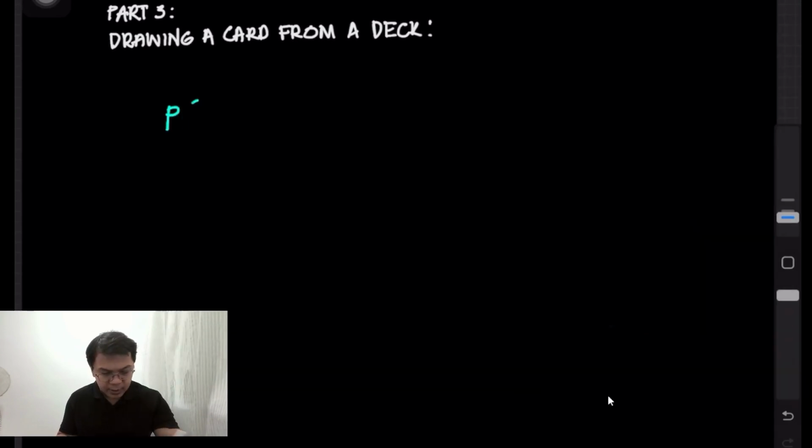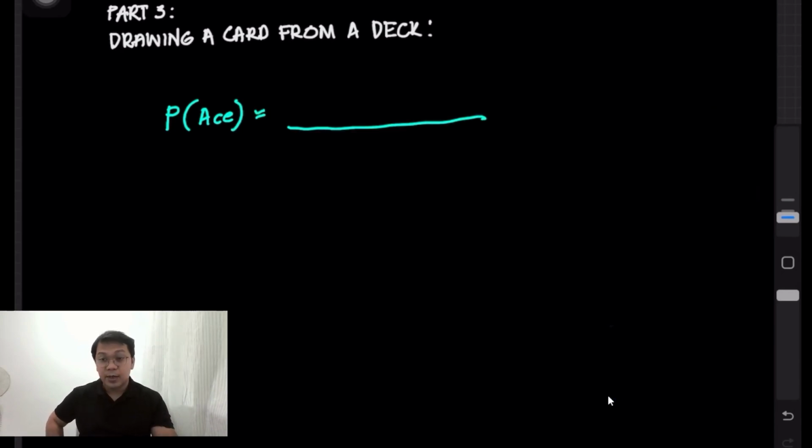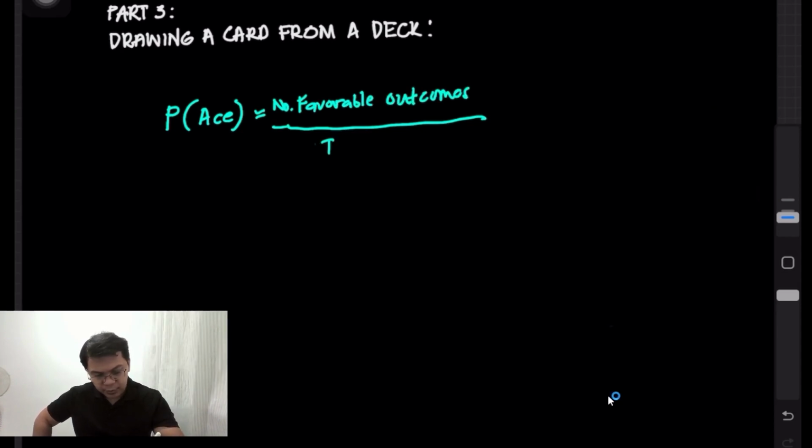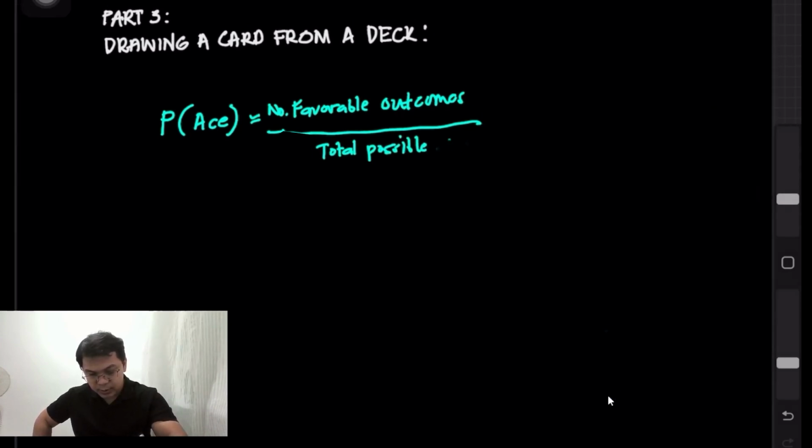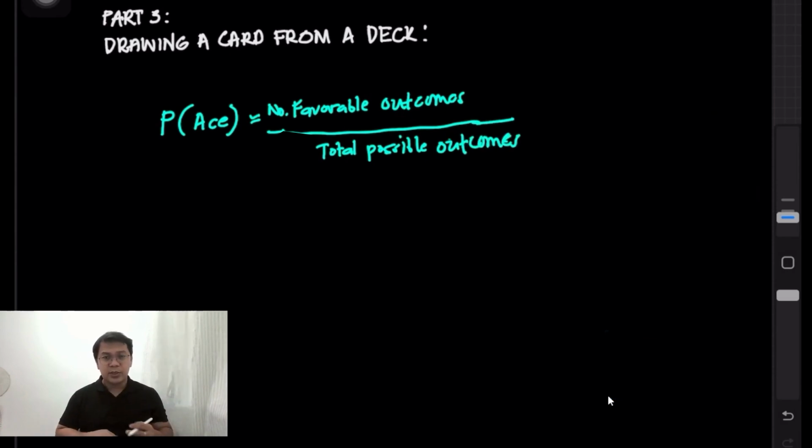The probability of getting an ace from a deck of cards is the number of favorable outcomes over the number of total possible outcomes. So let's go back to the information we got earlier.